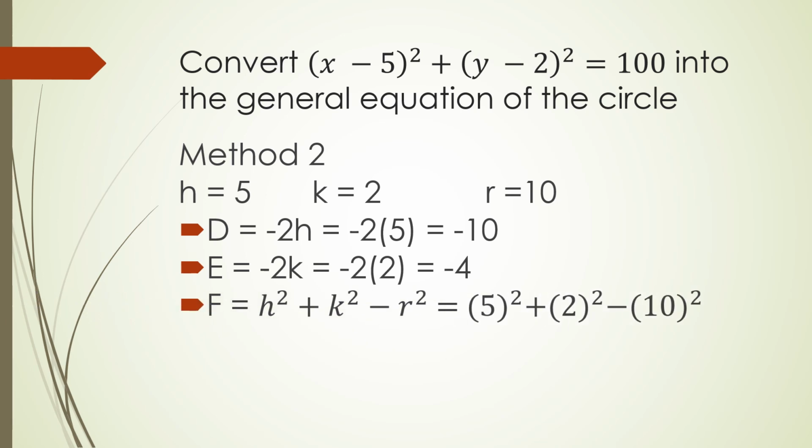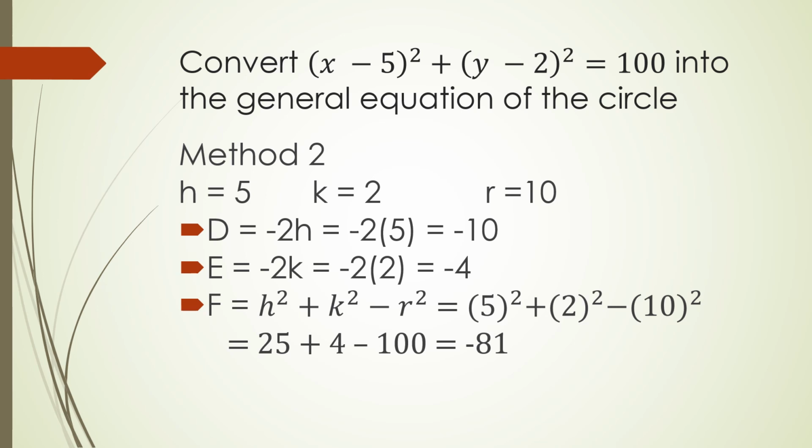For f, we have f = h² + k² - r². The value of h is 5, so 5². The value of k is 2, and we have 2². And the value of r is 10, so minus 10². Then 5² is 25, 2² is 4, and 10² is 100.